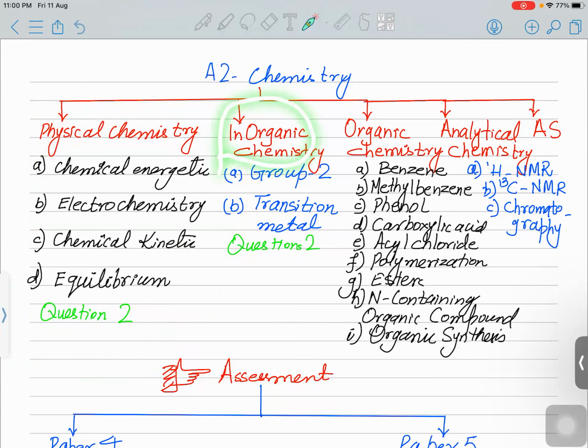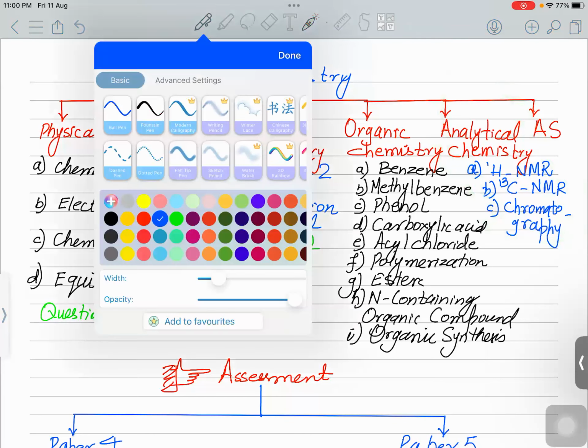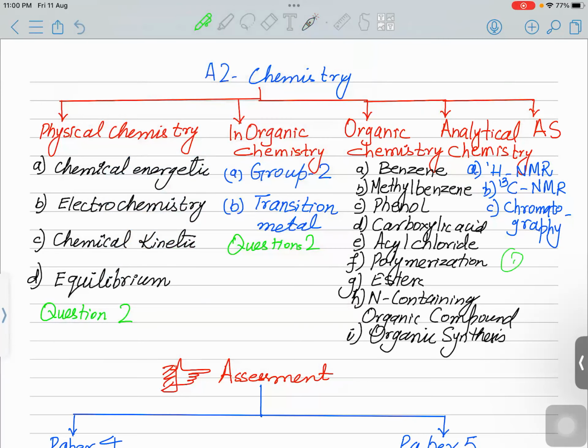In inorganic chemistry, you have only 1 chapter, transition metals, but a few questions from group 2. So the inorganic portion has 2 questions. You have a section on analytical chemistry, with one question, while the remaining questions are from organic chemistry.